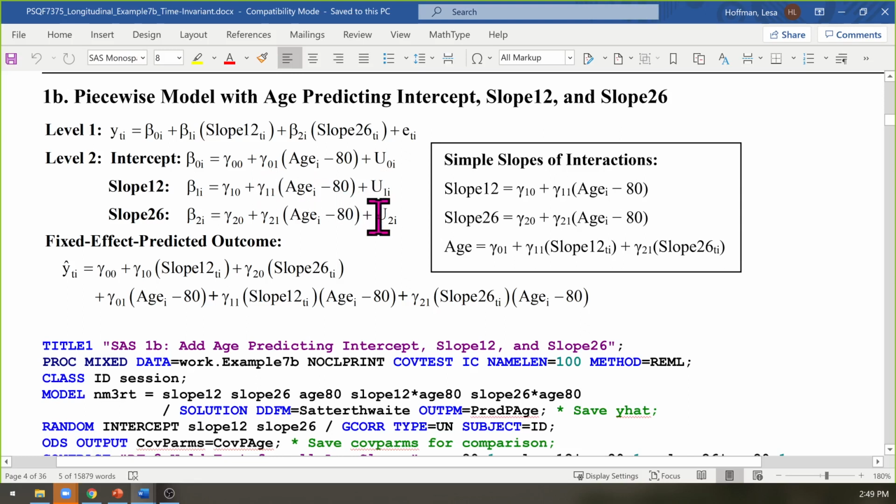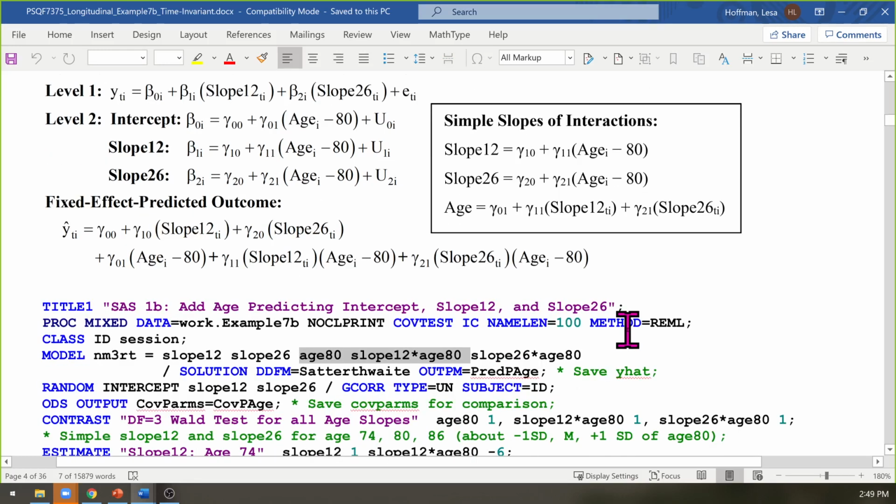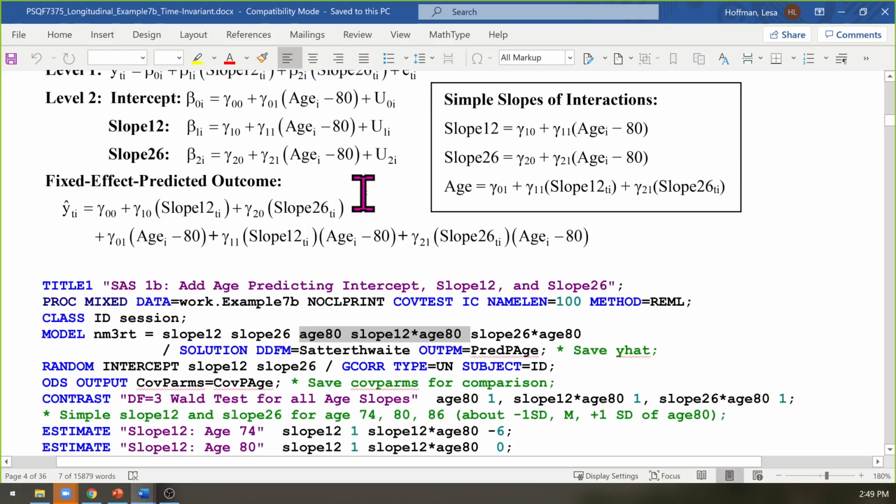Because I have individual differences in change over time from session 1 to 2, U1, I put in age as an interaction with slope 1, 2. So we're talking about these two terms so far. And because I have individual differences in change from slope 2 to 6, I put in age as an interaction with slope 2, 6 as well.